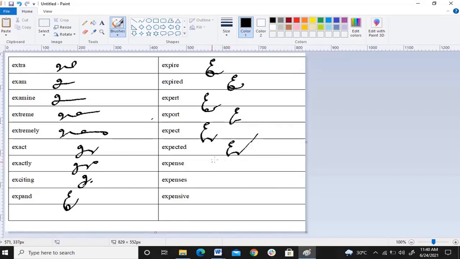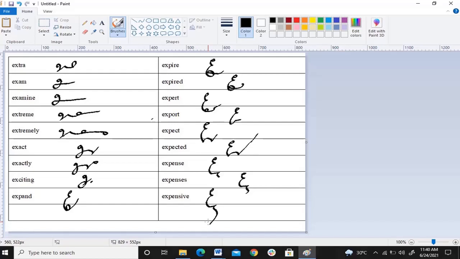Expected. Expense. We have E-S-P-N-S. Expense. Now, expenses. We have E-S-P-N-S-S for expenses. And lastly, we have expensive. E-S-P-N-S-V. Expensive. Okay, so those are sample words for the X sound.